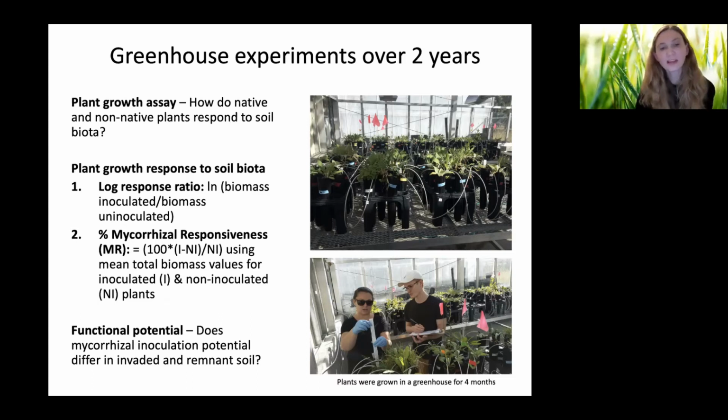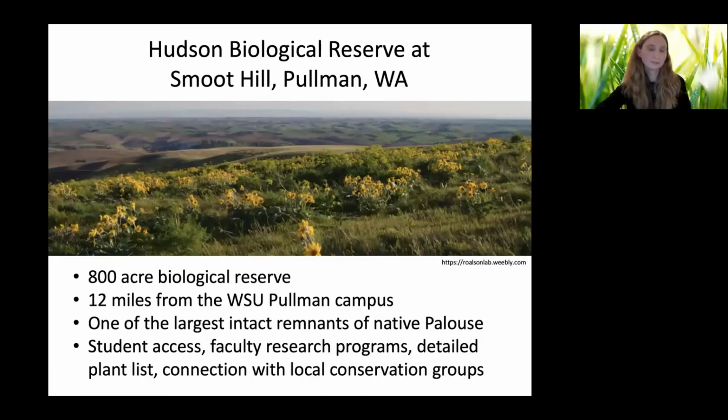And eventually what we'd like to do is try to isolate and culture some of these local mycorrhizal species that might be important, that might offer drought resistance or access to soil nutrients, that we could culture in the greenhouse, and then people could use those either in their own restorations or in sustainable agroecosystems. So that's kind of the long-term goal.